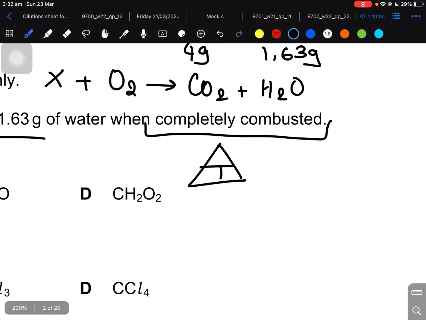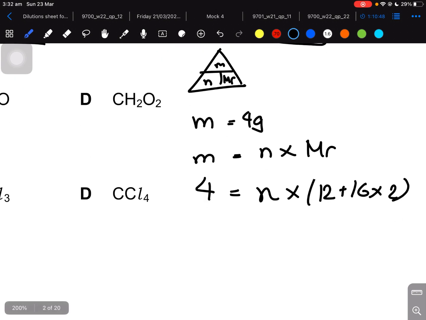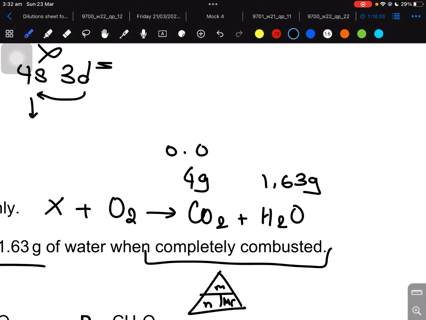If you go according to the triangle n, m, Mr, the m is 4 grams, and m is equal to n multiplied by Mr. 4 equals the number of moles multiplied by the Mr, which is 12 plus 16 multiplied by 2. So n is 4 over 12 plus 16 multiplied by 2, which gives us 0.091 moles. Okay, fine, just go with that.